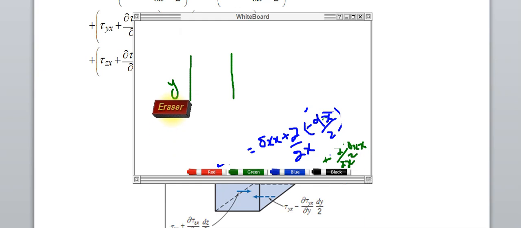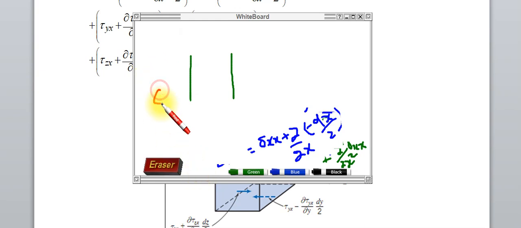Let me write sigma x-axis. Here sigma xx dx. Sigma xx is at this point A. It enters this point and then it comes to this point.